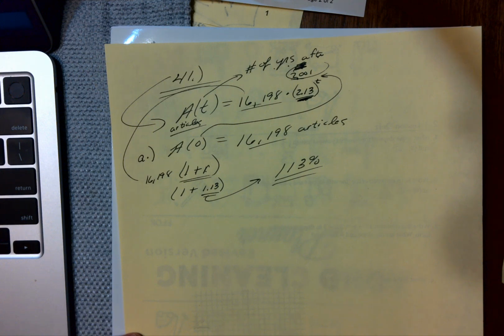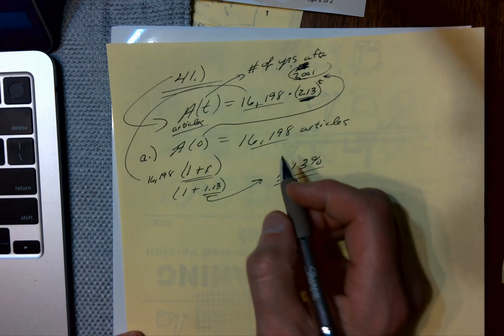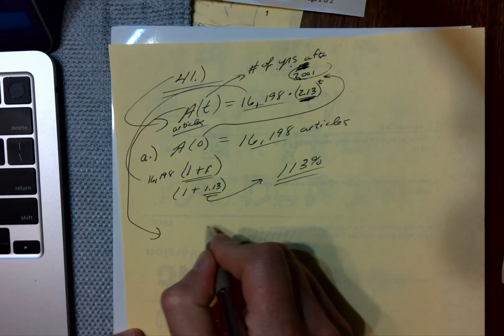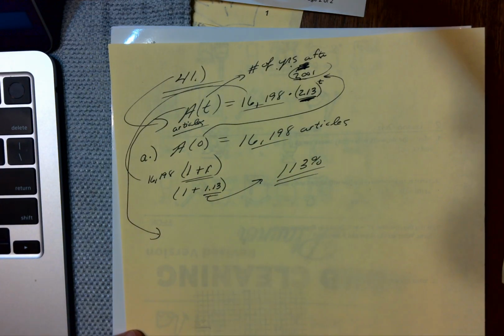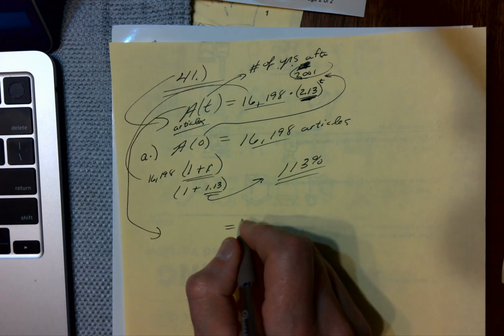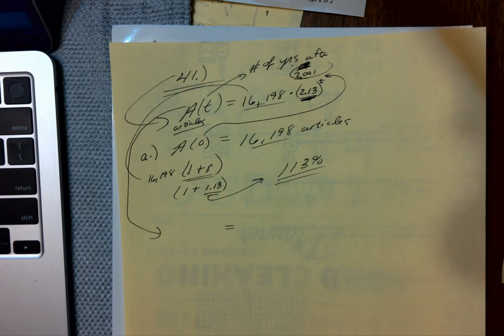During which year did the encyclopedia reach 1 million articles? Well, when did it reach 1 million articles? Let me read this a little closer, exponentially.